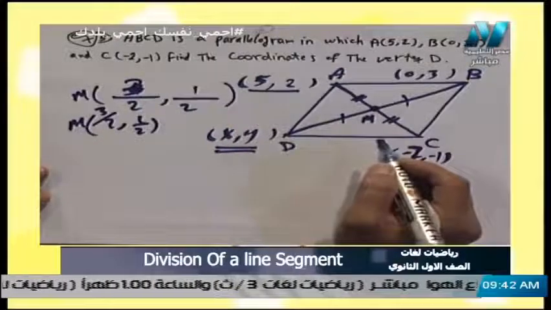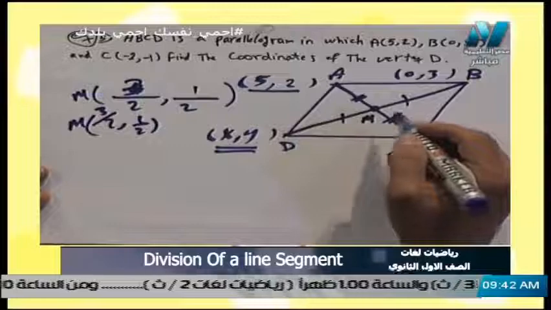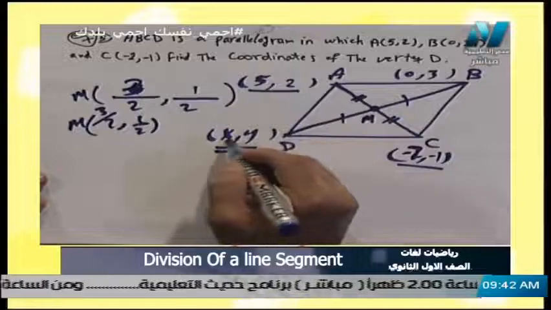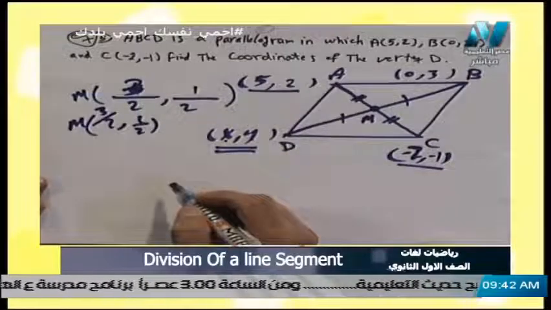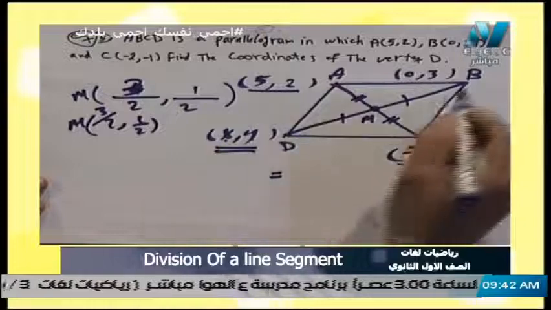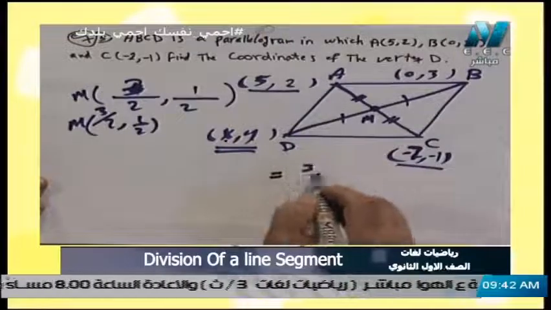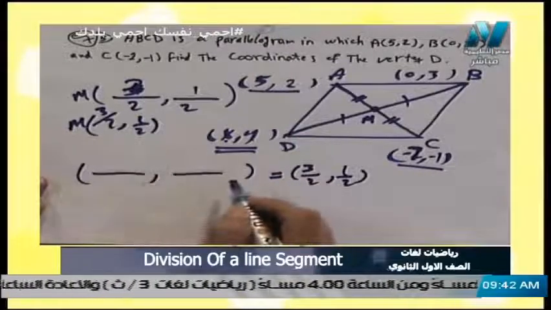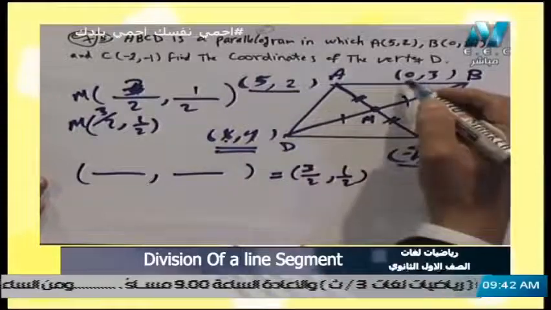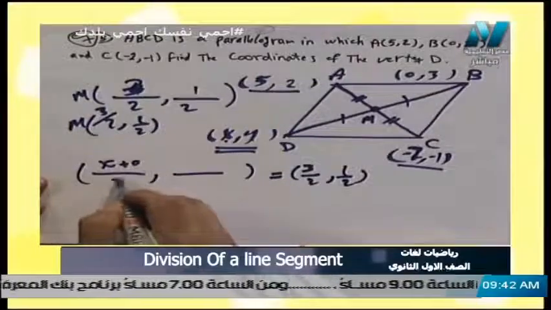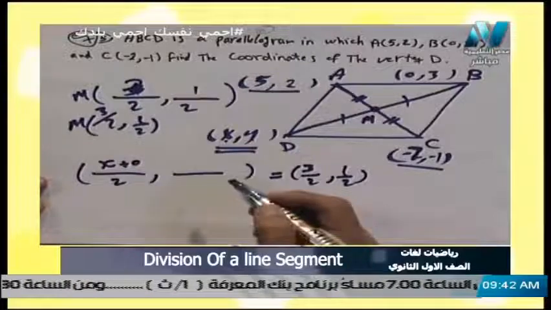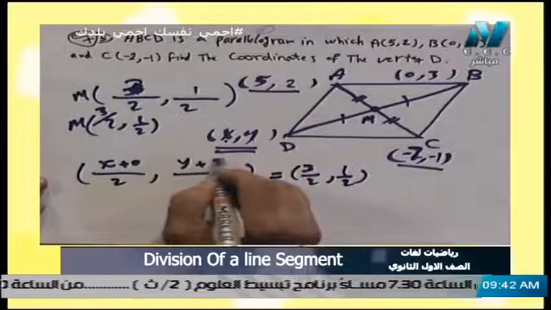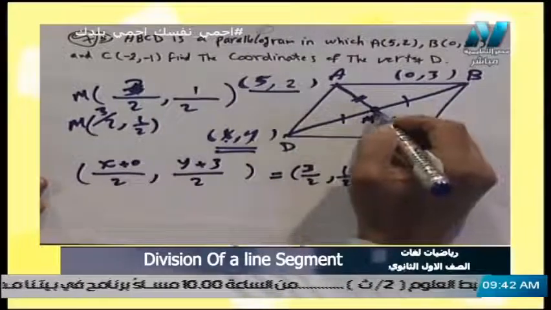Okay, and we have the point D. We have the point D, x and y. Let M be the midpoint of BD. M here is 3 over 2 and 1 over 2, and it comes from the midpoint: x plus 0 over 2, by applying the rule of division, and y plus 3 over 2, because M is the midpoint of BD.